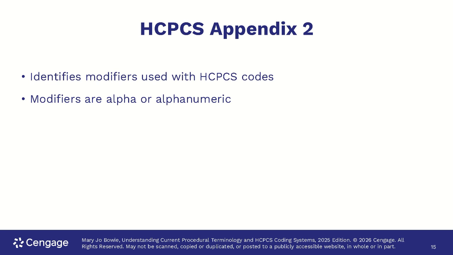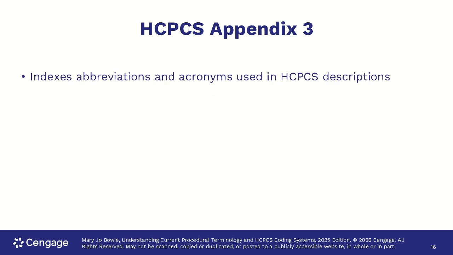Appendix 2, this is where you will see your HCPCS modifiers, a much longer list than what you saw in CPT. Modifiers could be alpha or alphanumeric, so all letters or a letter and a number. All right, after that, we have Appendix 3.